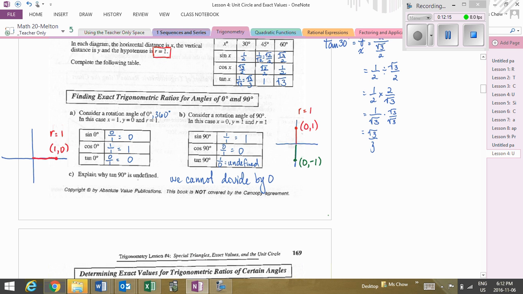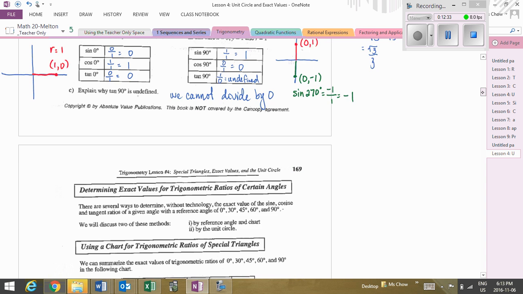And so when does that change? Well, that's going to change when we have sine of 270 degrees, because that will then be y over r, or negative 1 over 1, which is negative 1.